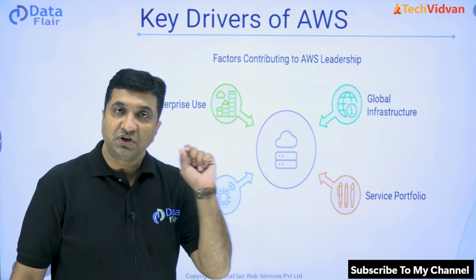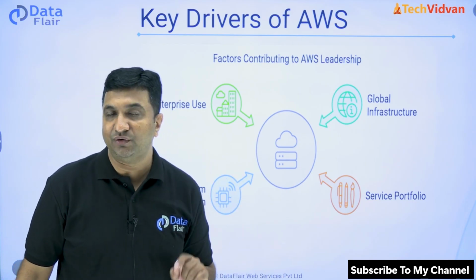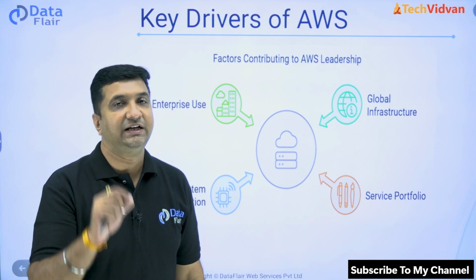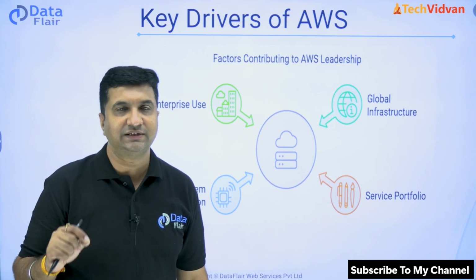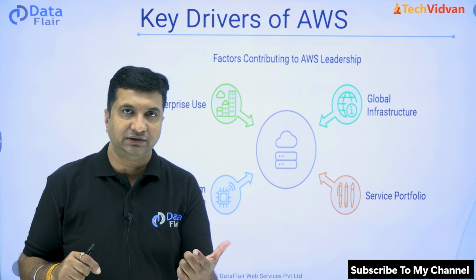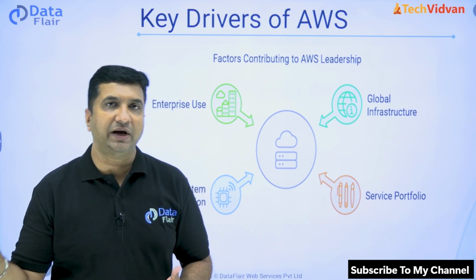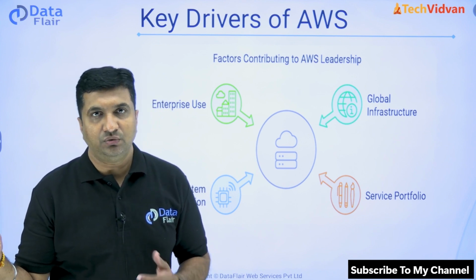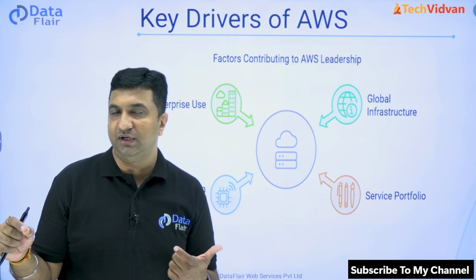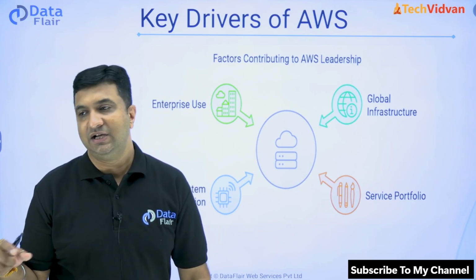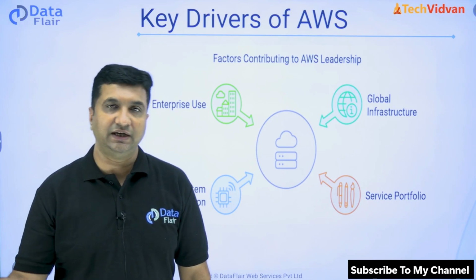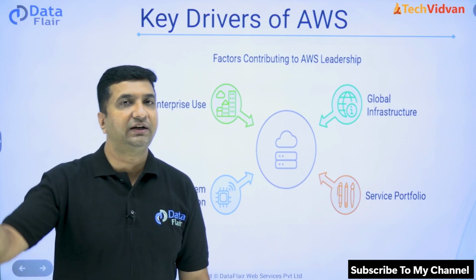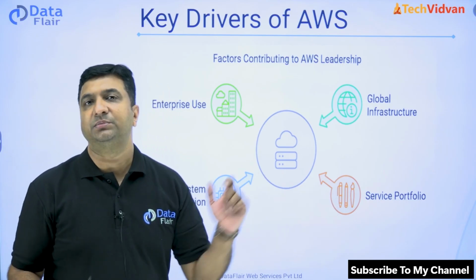AWS supports the migration of those legacy platforms. Let's say you have a WordPress application and on the backend it is Oracle which is supporting. Here we have a solution in AWS that can support the WordPress application, and Oracle databases can be directly migrated to the AWS platform.